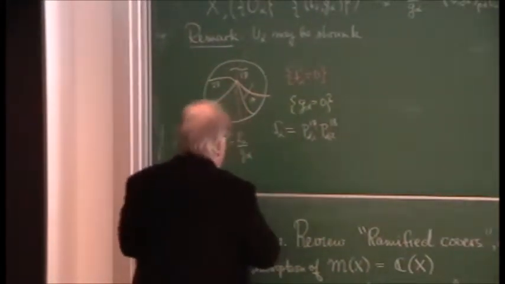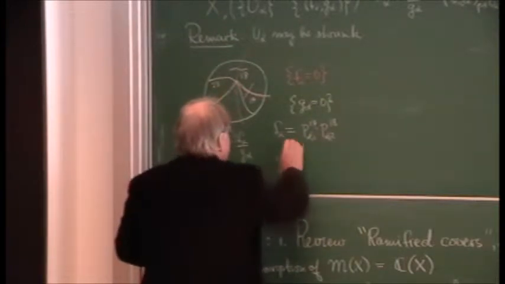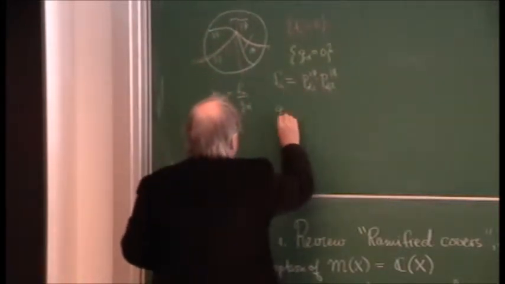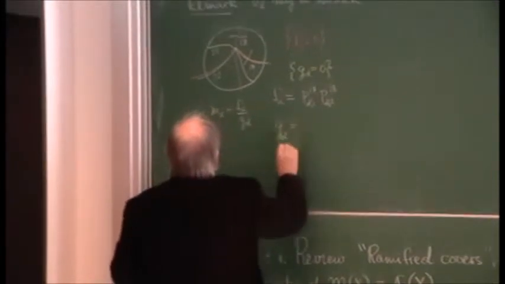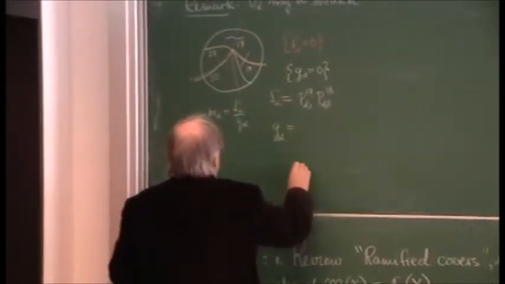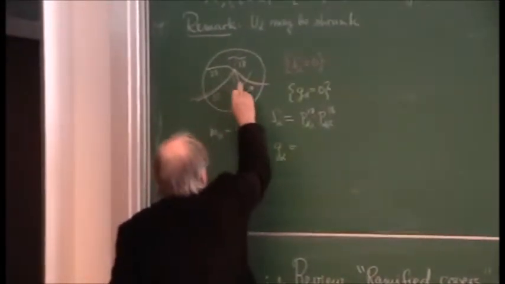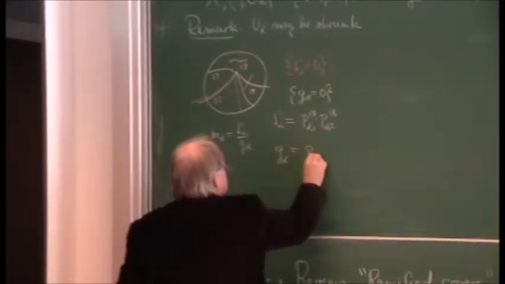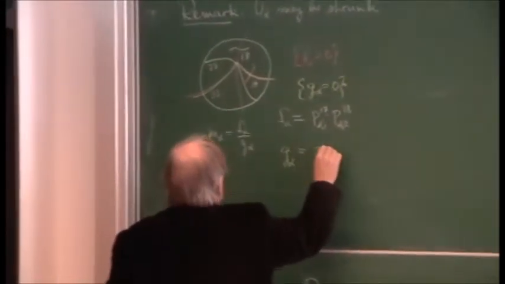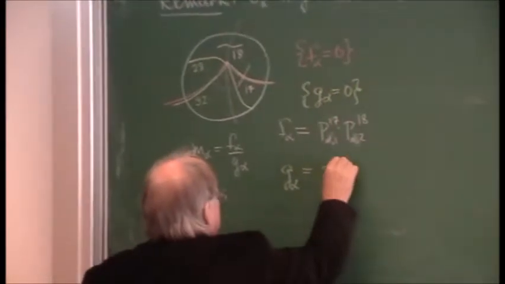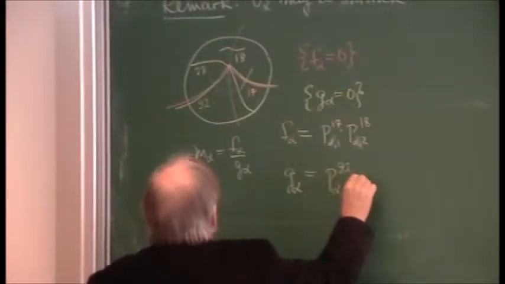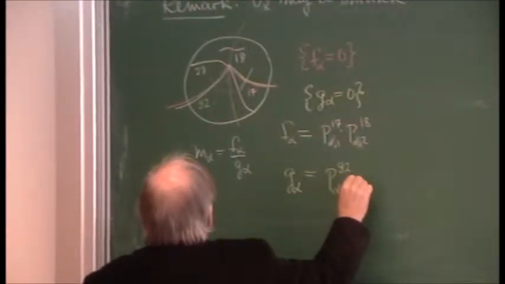And now G alpha, let's look at it. G alpha, well, aha. The first, this is 17. This one's good. So it's the same one to the 92. And then we only have 2 of them.